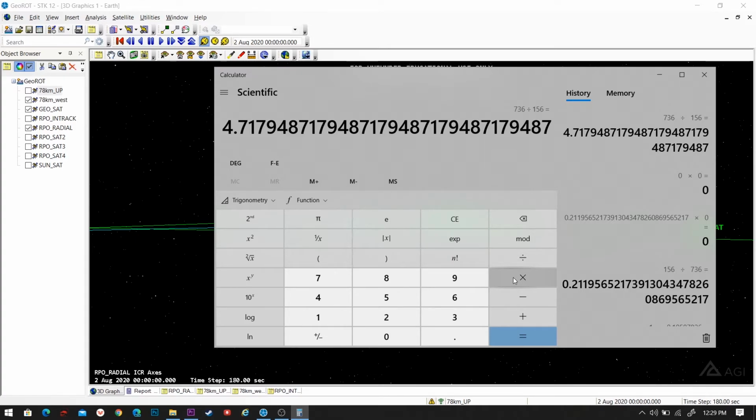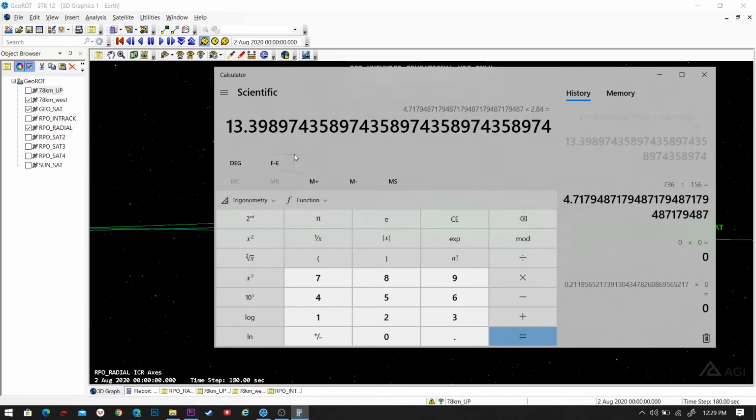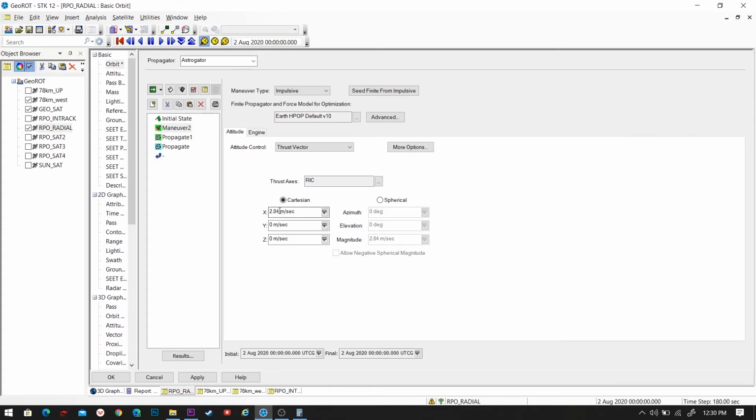Now to produce an individual one of those NMCs, we just need to multiply by 2.84. So now we take this number, multiply by 2.84, and we get 13.398. So what we're going to do with our RPO radial satellite now is do a positive 13.398 meters per second burn.